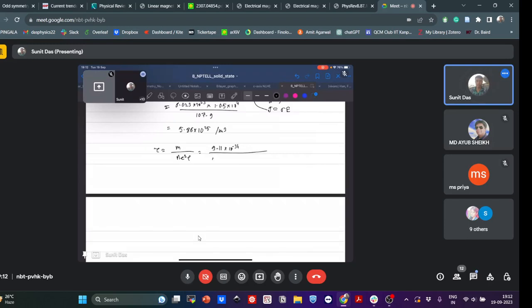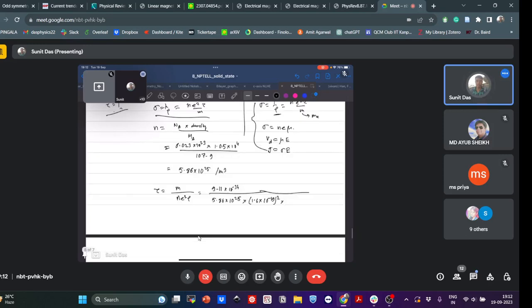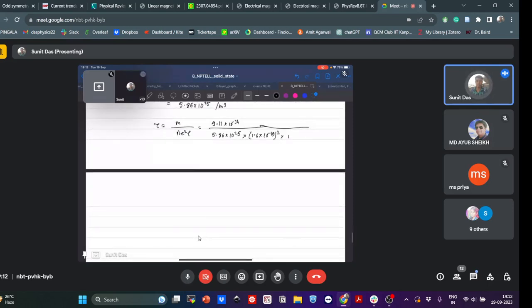So n is 5.86 into 10 to the power 28, and then resistivity is given as 1.6 into 10 to the power minus 8 ohm meter. So we will have tau in seconds.